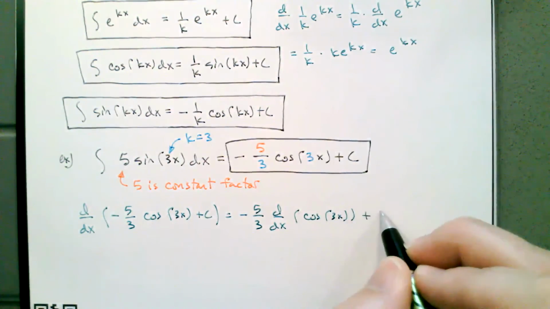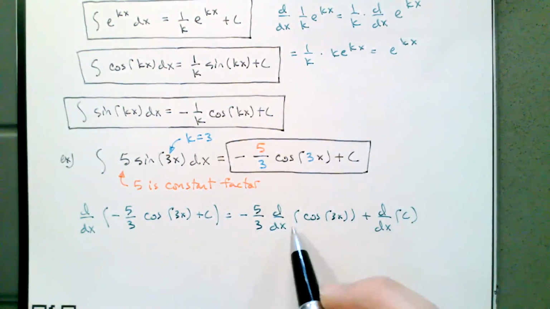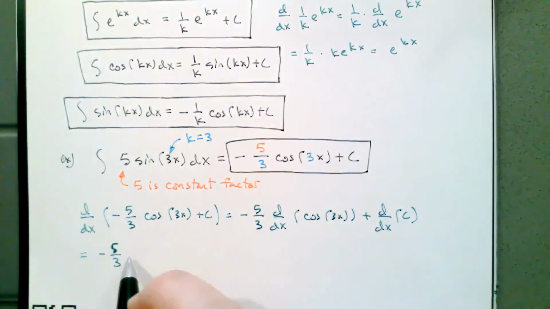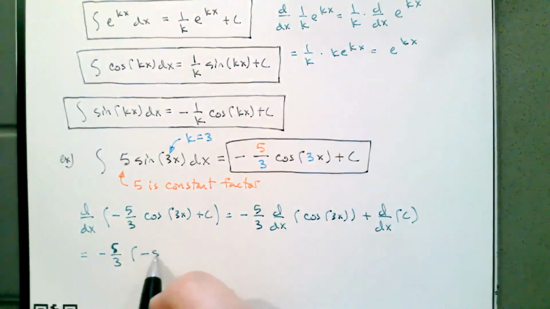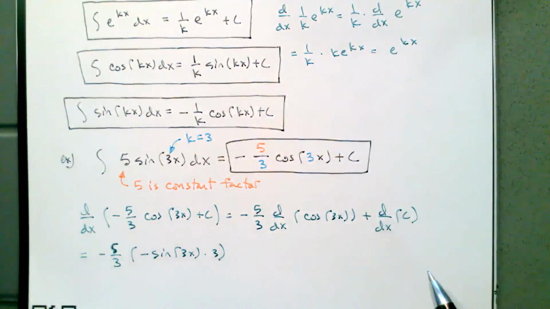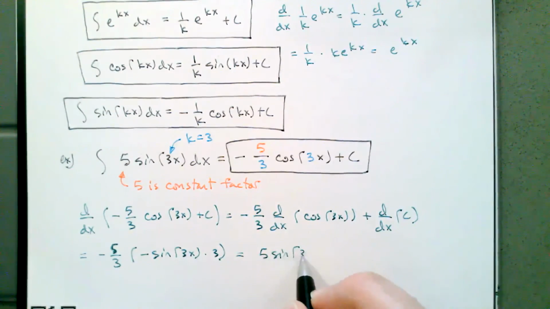I can also separate by terms. So we get the -5/3 that we're just keeping. That's our constant factor. The derivative of cosine of 3x is negative sine of 3x times the derivative of the inside, which is 3. And the derivative of a constant is equal to 0. The 3's cancel out and the negatives cancel out, and that leaves us with 5 sine of 3x.